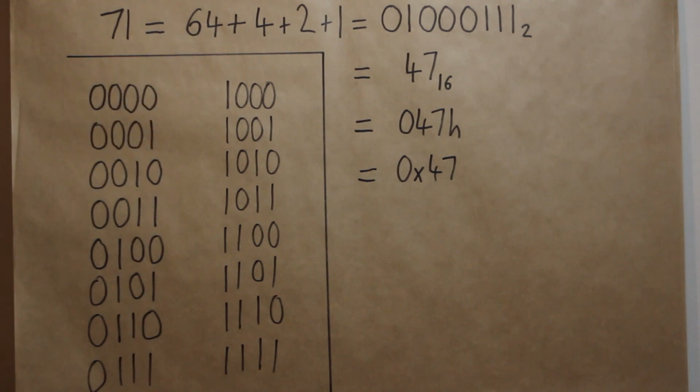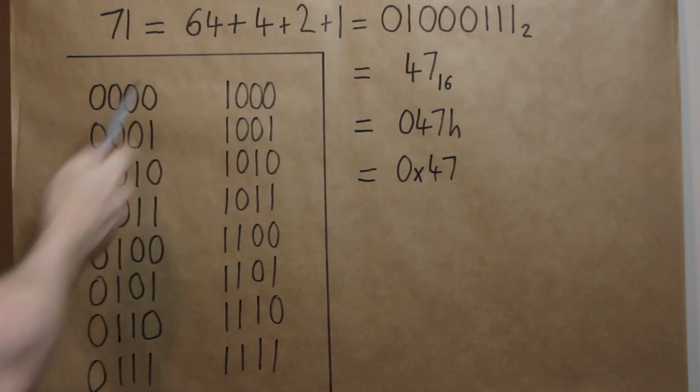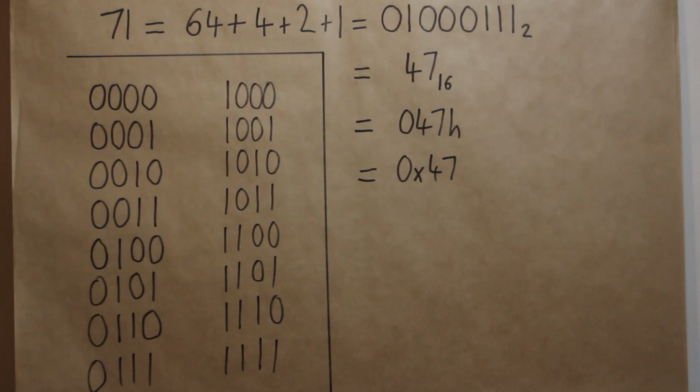So now I have to write 7 as a sum of powers of 2. And the largest one I can take away from 7 is 4. I couldn't go to 8, that'd be too big. So 4. And when I take that away from 7, I'm left with 3. And I think you can see that this goes all the way through. 3 can be written as 2 plus 1.